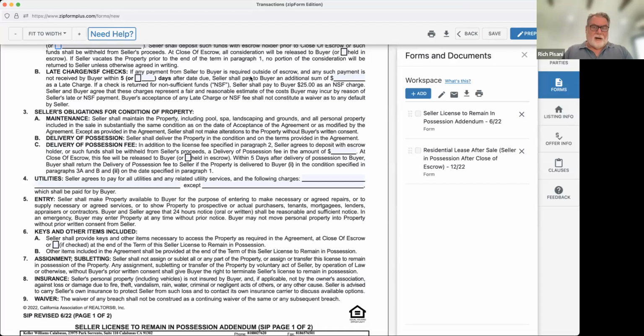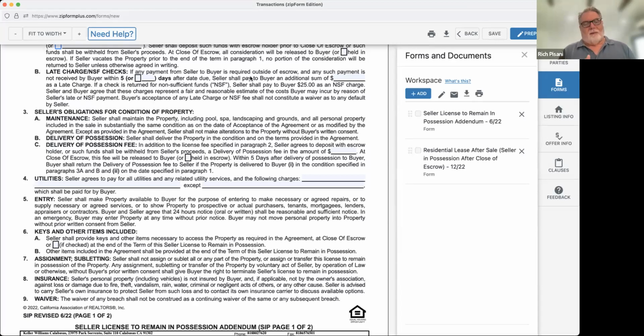Keys. Per the contract, even if seller is remaining in possession, keys are to be delivered at close of escrow. That's per the contract, unless other terms were agreed upon. So at close of escrow, you still should be getting keys for your buy.